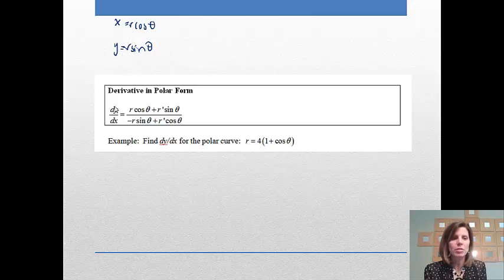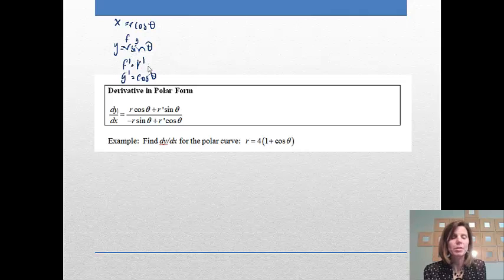And then since this says to find dy/dx, we're going to be finding the derivative of the y divided by the derivative of the x. Well, to get the derivative of the y, since we have two variables, we're going to have to use the product rule. So this would be f and g, and then f prime would be, well, actually not 1, it would be r prime.